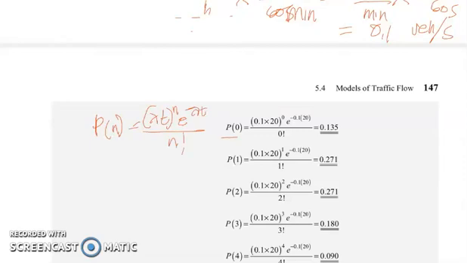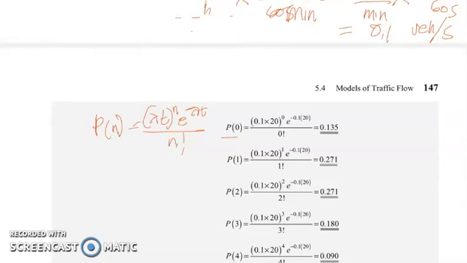That gives the probability of 0, 1, 2, 3, 4, or 5 or more vehicles arriving in a 20-second time interval.